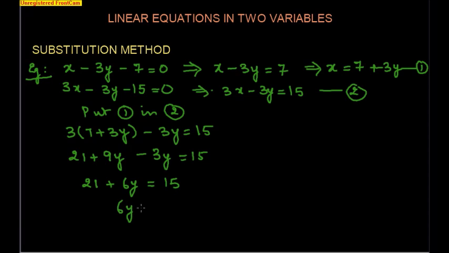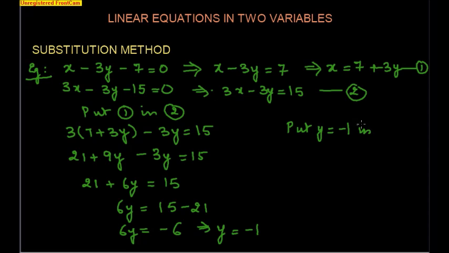I take 21 on the other side and I get 6y is equal to minus 6, which implies that y is equal to minus 1. So now I put y equal to minus 1 in the first equation and I get 7 plus 3 into minus 1, which is 7 minus 3 gives you 4.